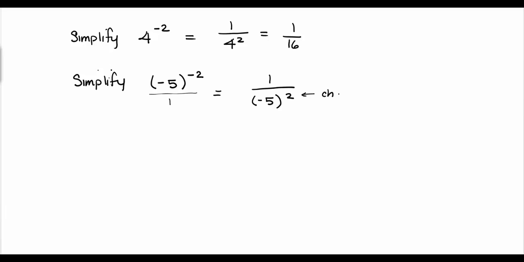I only change the sign of the exponent, not of my base. Of the exponent only, not the base, right? And negative 5 times negative 5 is a positive number, which is 25. Right? So it just becomes 1 over 25.